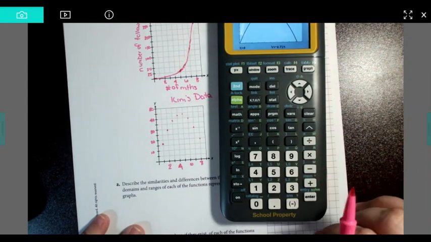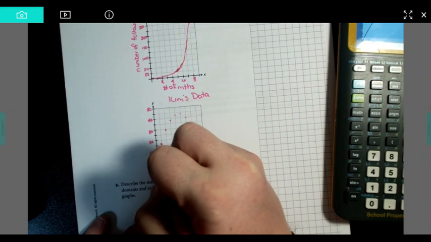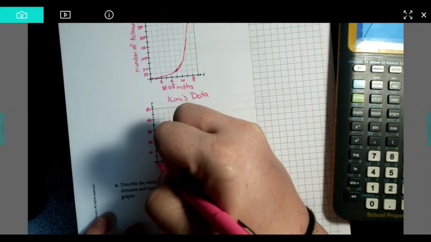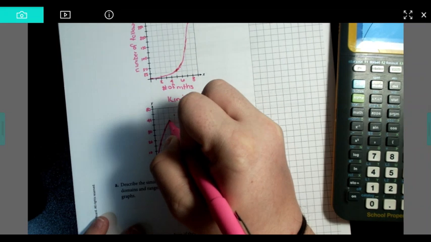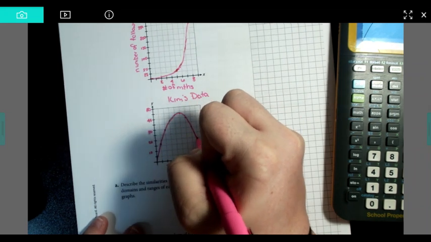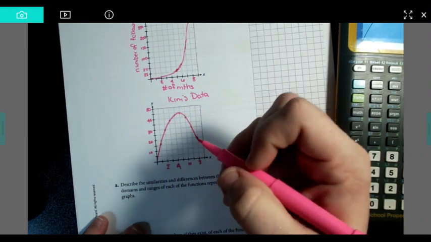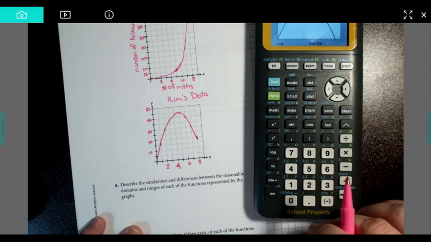And I forgot to do at 0. 0 was right below the axis. So it's going to kind of look like. Notice I put more dots on here to give myself a more accurate picture. And let's go ahead and do 9.